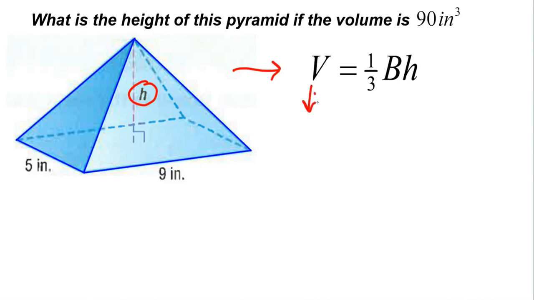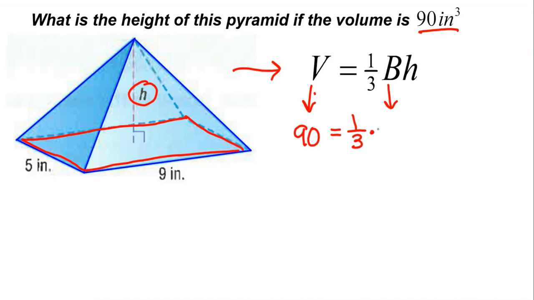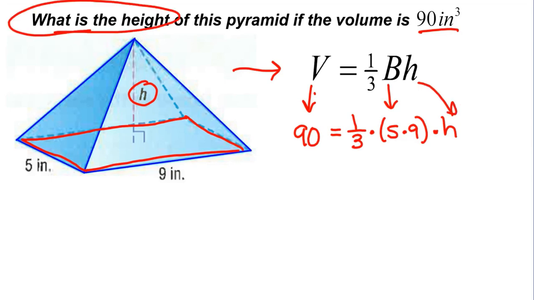I already know the volume is 90 cubic inches, so I'm going to put 90 in for my volume, and that's going to be 1/3 of the area of the base. The base here is a rectangle, so this is a 5 by 9 rectangle, so 5 times 9 times h. I don't know the height, because it's asking what is the height.